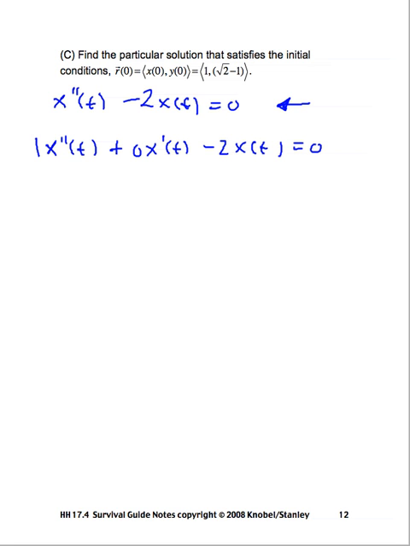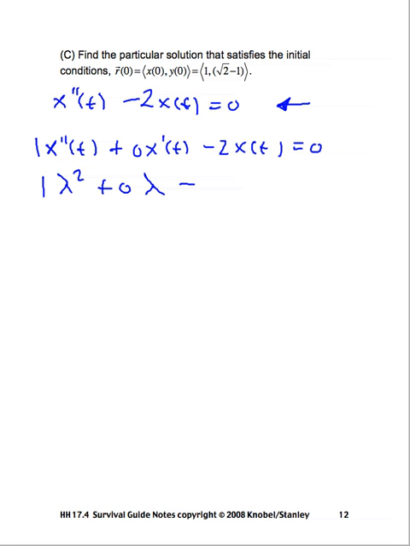And then directly below that, you form your characteristic equation. 1, the x double prime becomes lambda squared, plus 0, the x prime becomes lambda to the first if you like, minus 2, and then the 2 just becomes the constant.